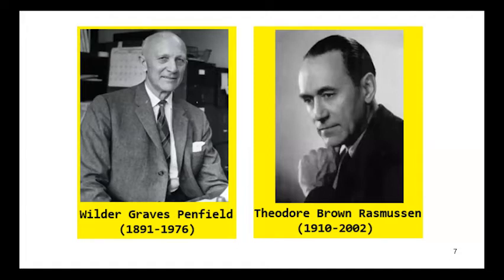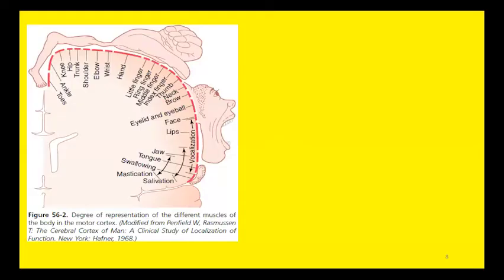And the other gentleman was Rasmussen, another Canadian neurosurgeon, and together they worked and made the concept of motor homunculus. And you can see the motor homunculus. This is the topographical representation of the whole body over the surface of the cerebrum.